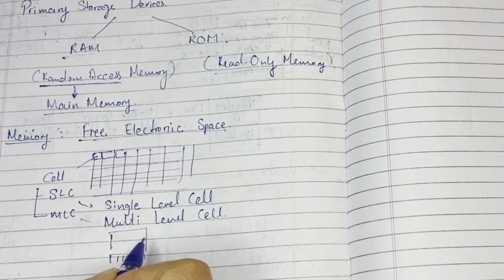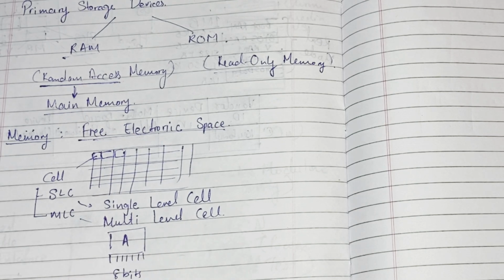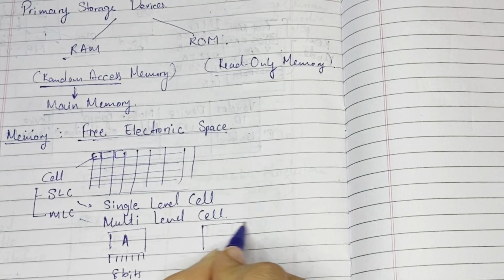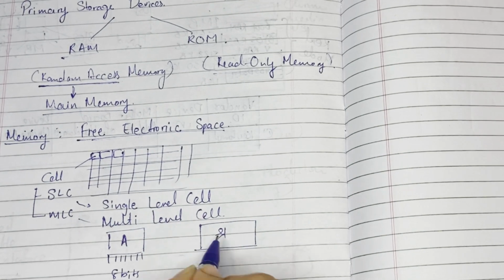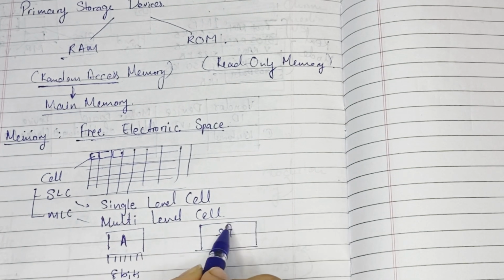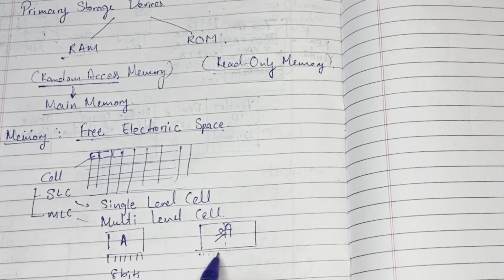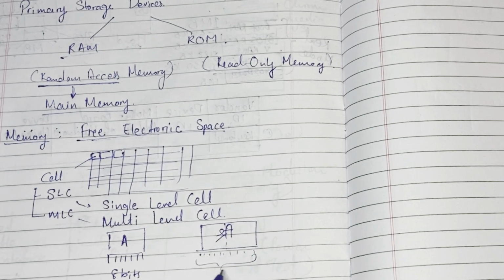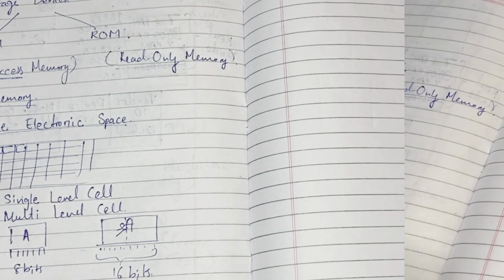For example, the English letter A can be stored in 8 bits of data, but a Hindi letter, like the letter Shri, can't be stored in 8 bits. It will require more memory to store. So it will get stored on a multi-level cell, which is a combination of two cells, that is in all 16 bits. So these are different kinds of cells in the memory system.